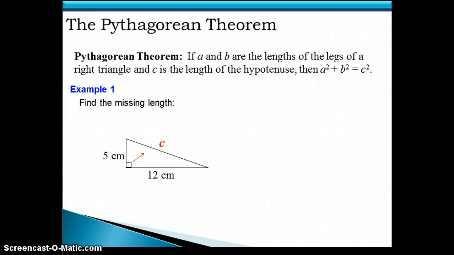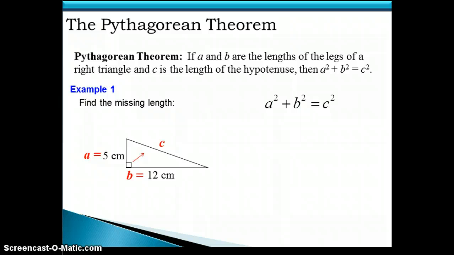Then the other two sides which form that right angle are the legs, so we'll call one of them A and one of them B. And it doesn't matter which one you label as A and which one you label as B, as long as you have identified the two legs correctly and let one of them be A and the other one be B.